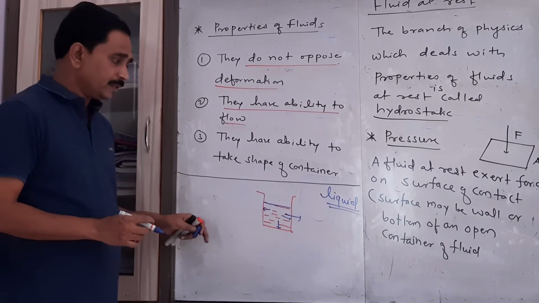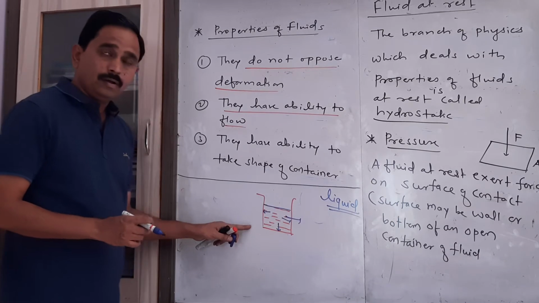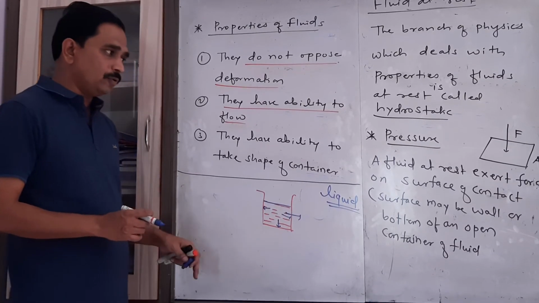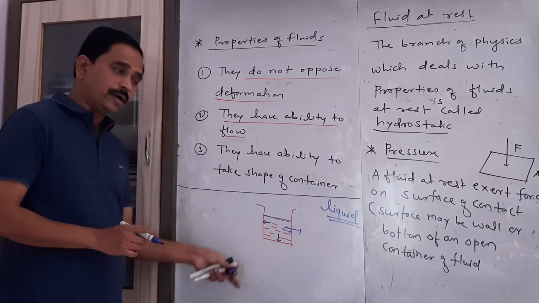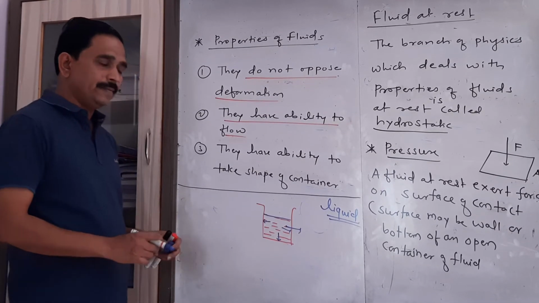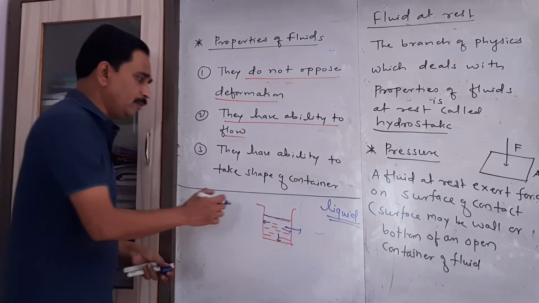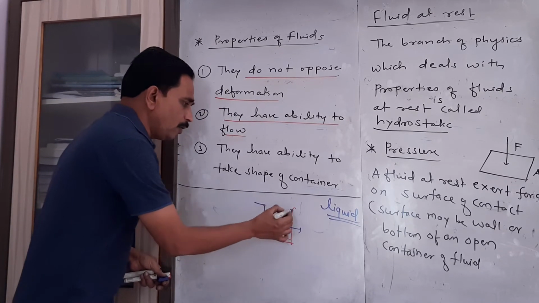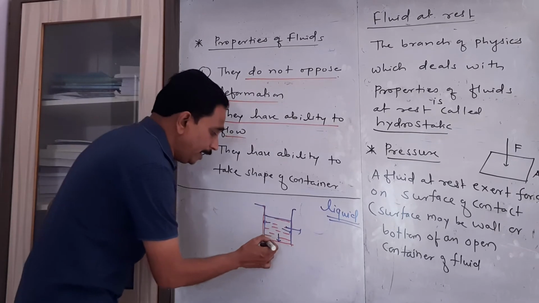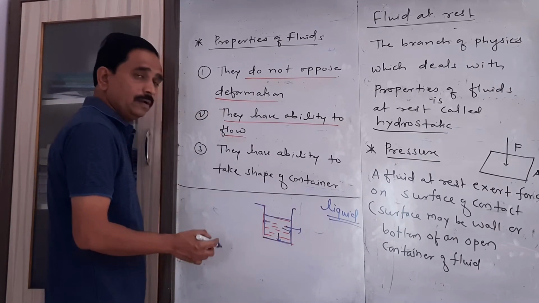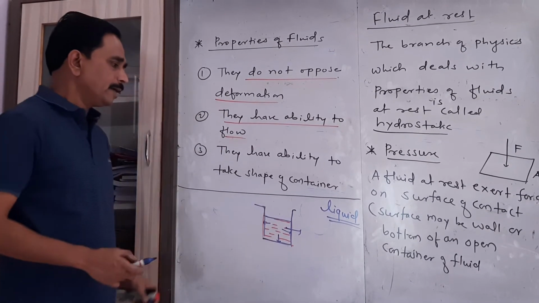Now why does this liquid exert force on the surface which is in contact with the liquid? That surface may be the walls. So these are the walls of the container, and this one is the bottom of that open container.